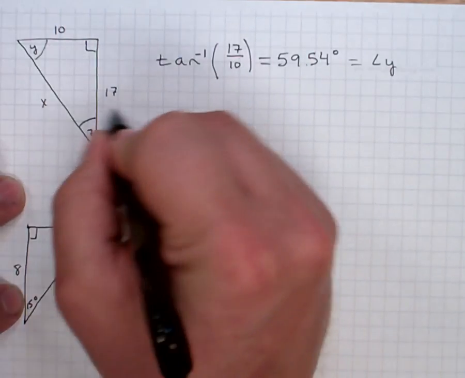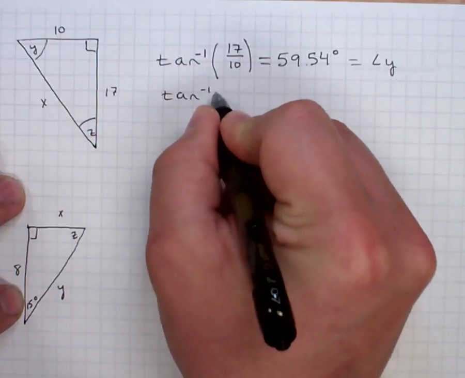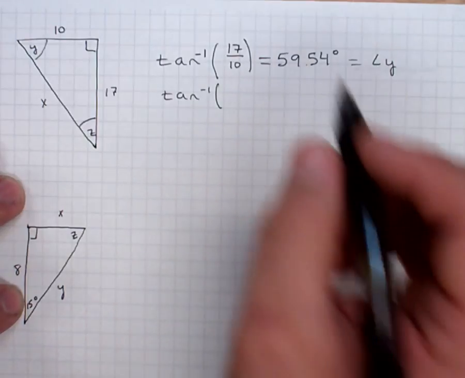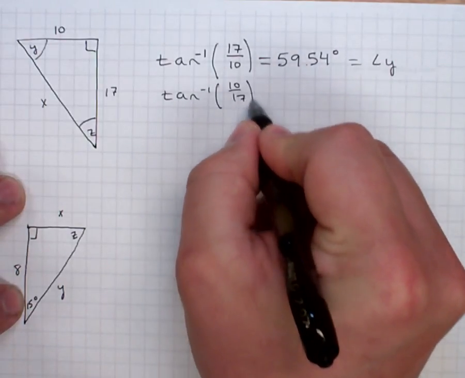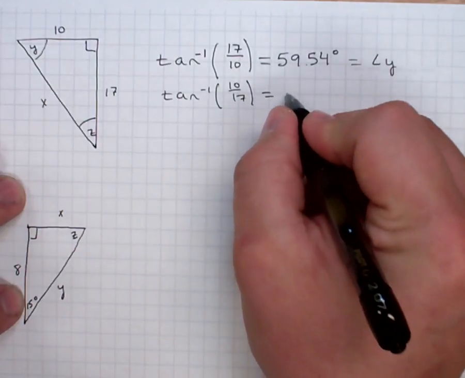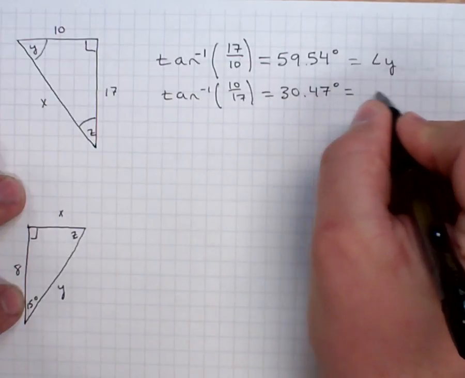Tangent, okay, because we still have opposite over adjacent. And it would be instead which ratio this time? 10 over 17. And that's going to give you what degree measure? 30.47 degrees equals angle Z.